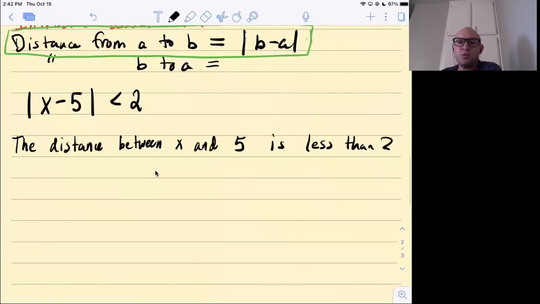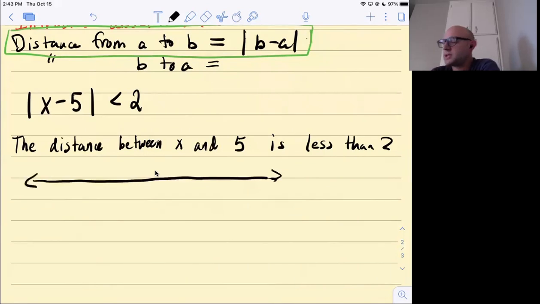Okay, so what does that tell us about the number line? Where can x hang out? What number does x have to be close to? We don't know where x is.